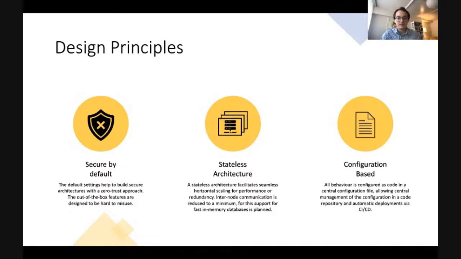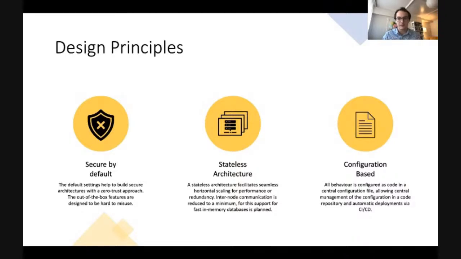The second design principle is that the gateway itself has a stateless architecture. This is especially important if you deploy it, for example, as an app service or as a Docker container on a Kubernetes cluster. The gateway, as a reverse proxy, is a central piece, and if it fails, your application will not be available.